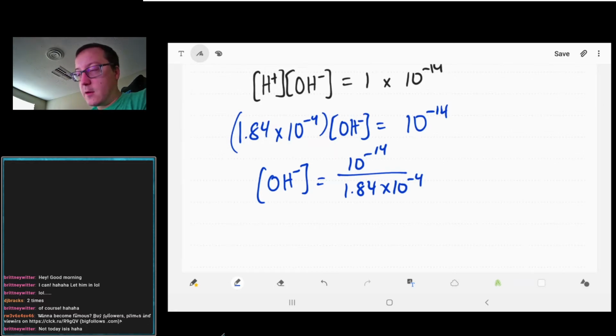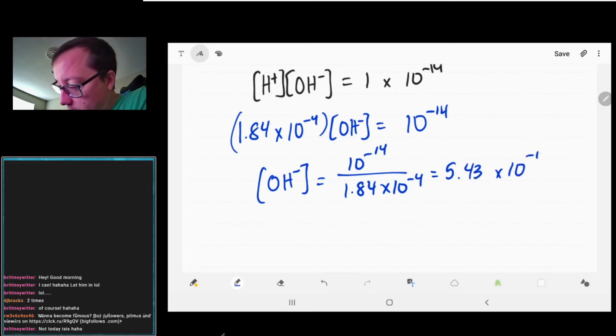Okay, so let's go ahead and do the math. You do this and you get 5.43 times 10 to the negative 11. And your units are always going to be molarity. So you don't have to worry about the units technically.